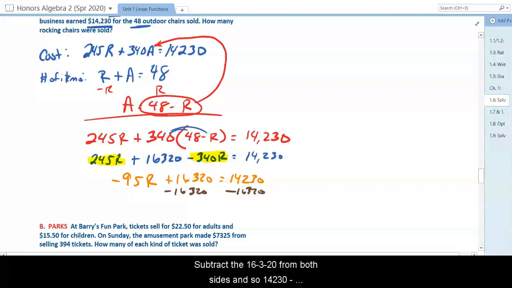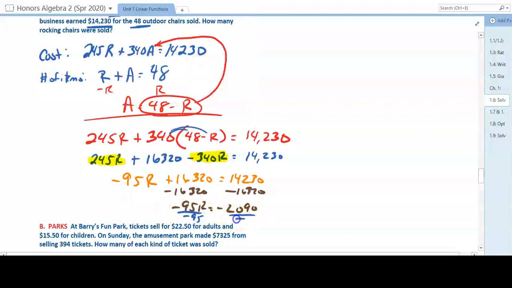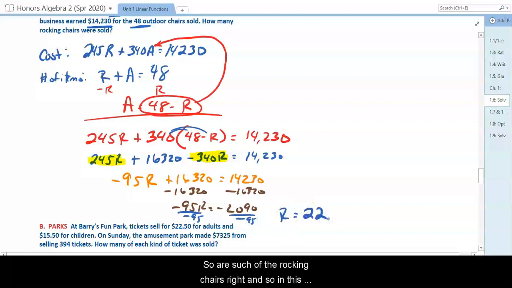And so 14,230 minus 16,320 gives us a whopping negative 2,090. And so we divide both sides by that negative 95. And we get that R is equal to 22. So R stood for the rocking chairs, right?